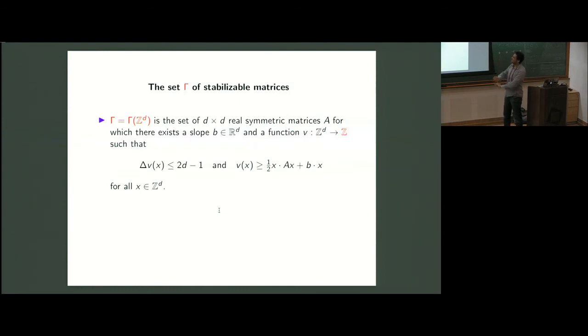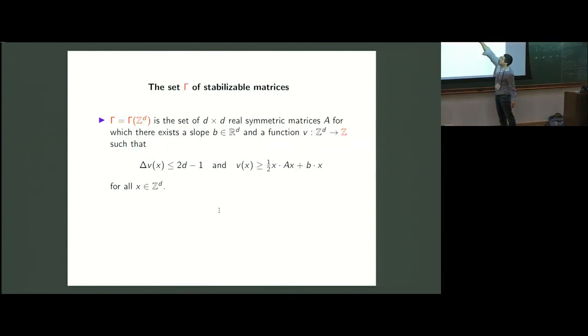So to define gamma, it's a set of d by d real symmetric matrices for which there's a vector b and an integer valued function v that satisfies some constraints. The constraints are this familiar upper bound on the Laplacian of v and a lower bound on v itself. The lower bound is a quadratic, and the quadratic comes from the matrix A.